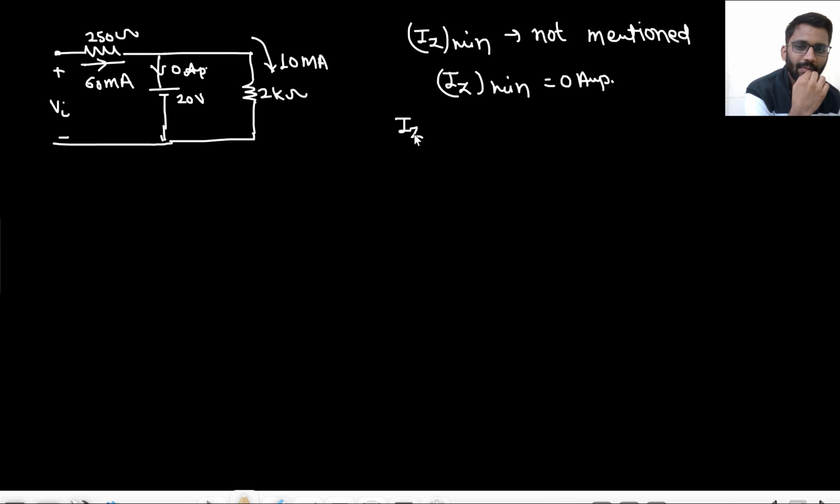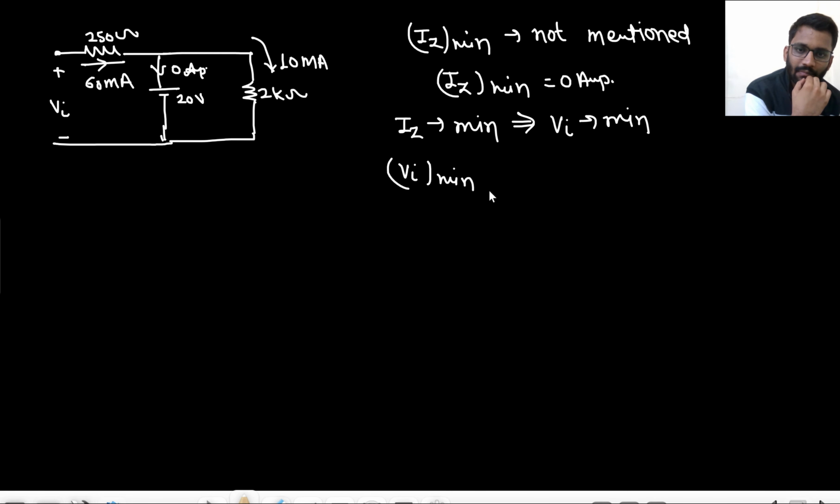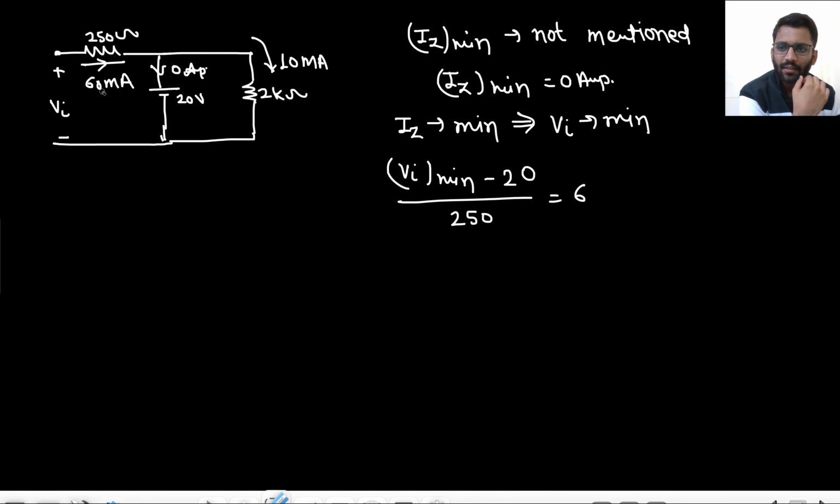So if Iz is minimum, that means your Vin will be minimum. Vin minimum minus 20 by 250 is equal to not 60. Here I am having 10 milliampere current, and this is fixed because 20 volt will be going there. So Vz is fixed, RL is fixed, so 10 milliampere current is fixed.